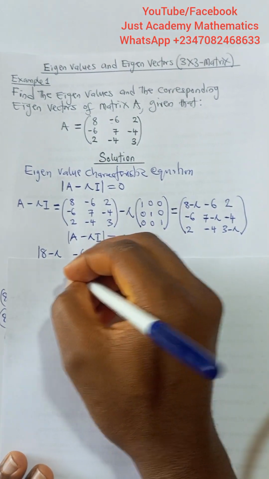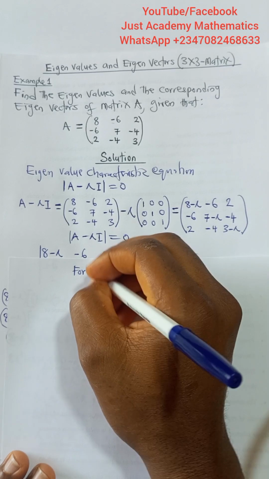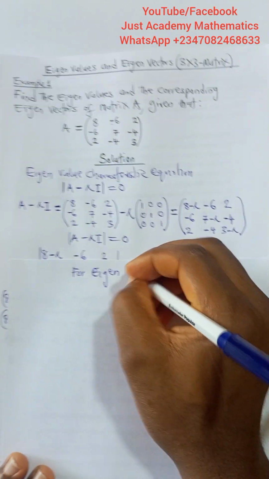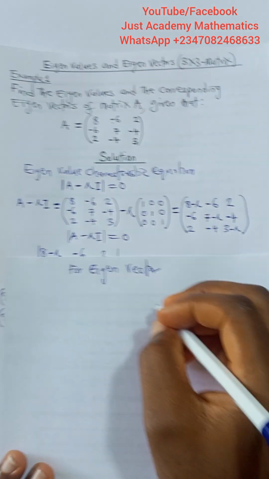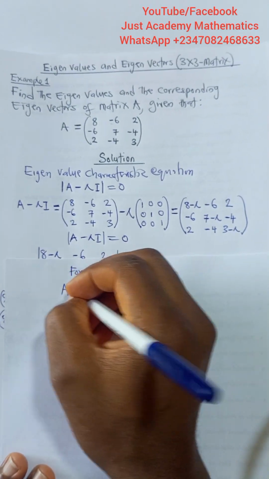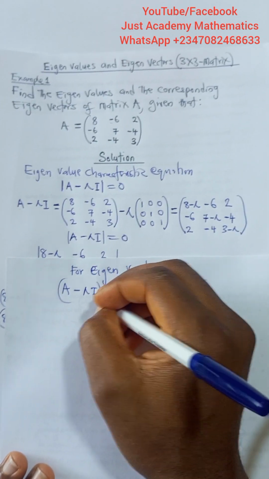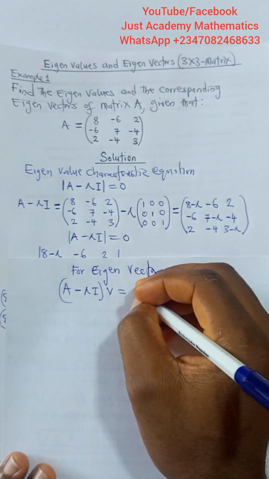Remember that for eigenvector, we say that A minus lambda times identity times vector V must always be equal to 0.